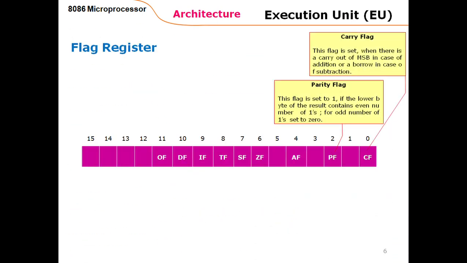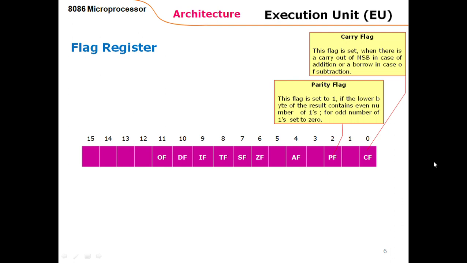The next flag is the parity flag, which is at position 2. This flag is set to 1 if the lower byte of the result contains an even number of ones. If the number of ones is odd, then this flag is set to 0.